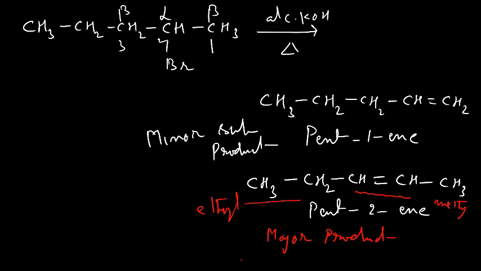So this is more alkylated. Since it is more alkylated, this is the preferred alkene. Whereas in pent-1-ene, with respect to the double bond, there is an alkyl group only on one side. So this is less alkylated, therefore this is the minor product and this is the major product.